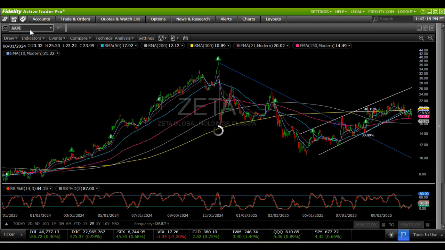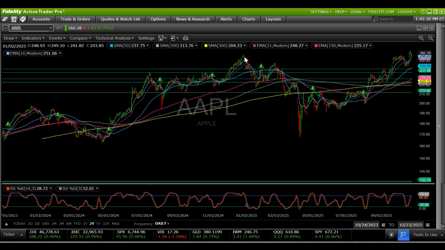Apple. This was a big cup formation here. You can see this was around 260.10 back in December of last year. And so it came up and basically retested that at 259. I don't think we broke 260 there, did we? Yeah, we got up to about 259 on October 3rd.